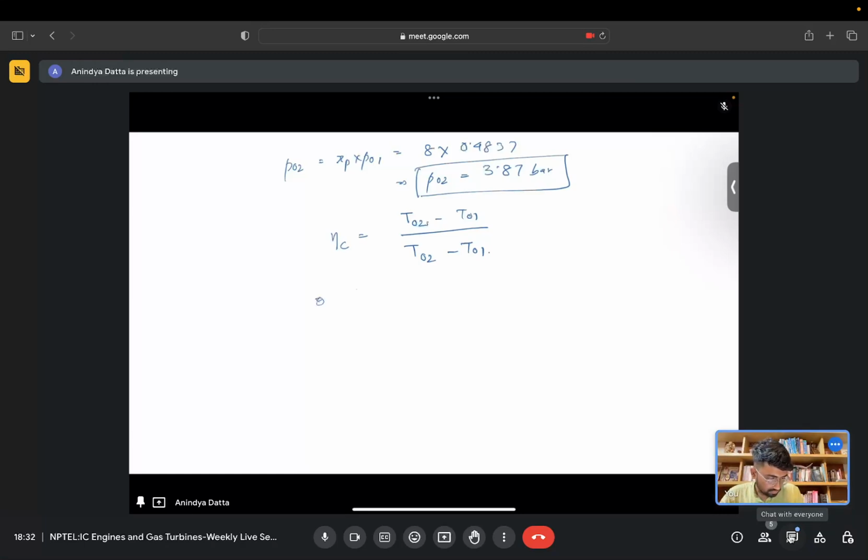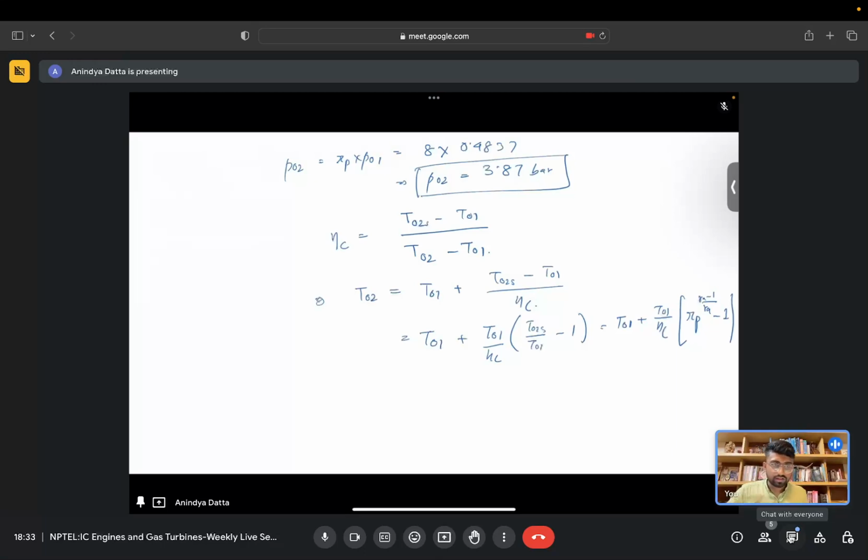So T02 is T01 plus (T02' minus T01) by eta C. So if we take T01 common, now this we can express in terms of the pressure ratio. So what we get is Rp to the power (gamma a minus 1) by gamma a minus 1.